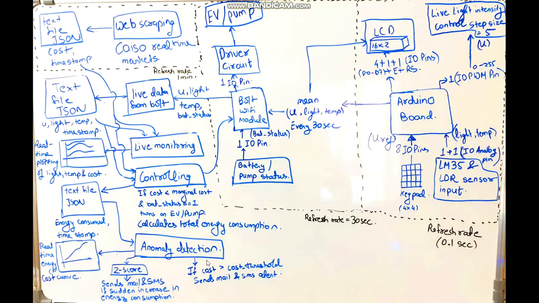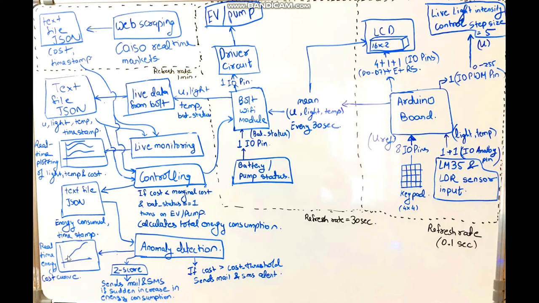The anomaly detection script, once it has the energy consumed and timestamp, calculates the z-score. Every 30 seconds it takes a reading and adds it to a list until it has 10 values, and after the 10th value it starts calculating the z-score.